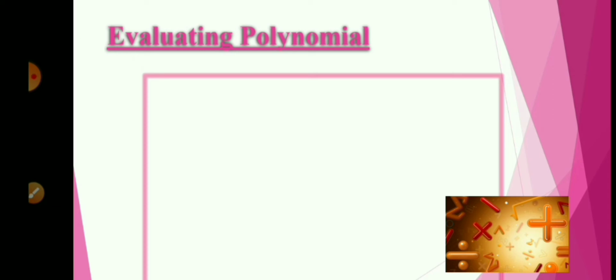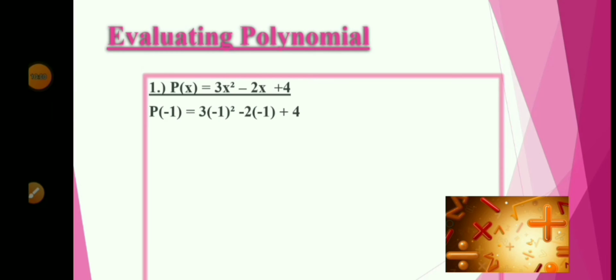But in this case, we are evaluating a polynomial. So let's have example number 1. We have p of x is equal to 3x squared minus 2x plus 4. If the value of x is -1, then we just simply substitute it into our equation. So p of -1 is equal to 3 times (-1) squared minus 2 times -1 plus 4.